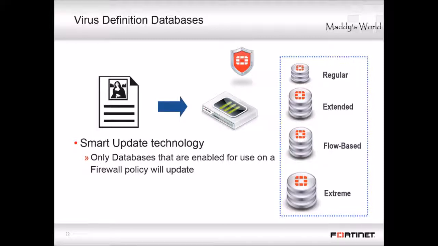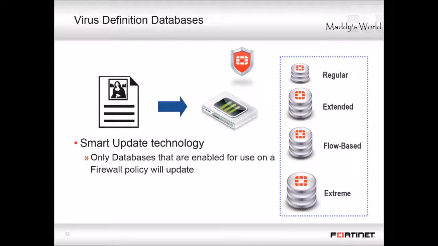Some models support the extended AV database, which includes older viruses that were detected in the wild and moved out of the normal database. A small subset of models support Extreme AV, which contains all of the viruses available in desktop FortiClient software, including detection for legacy operating systems like DOS, Windows 3.1, Windows 95, etc.